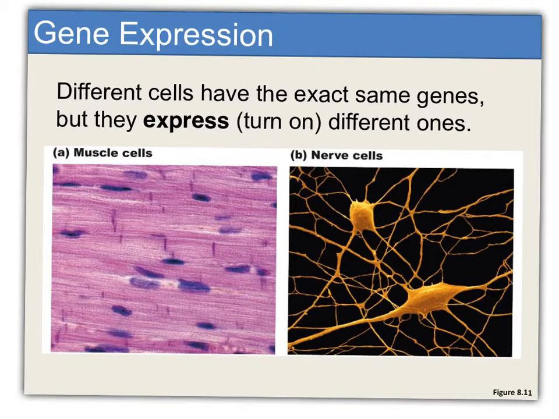And part of gene expression is how you get cells to differentiate. So in a muscle cell, right here, certain genes will turn on and off. And you'll end up with a muscle cell.